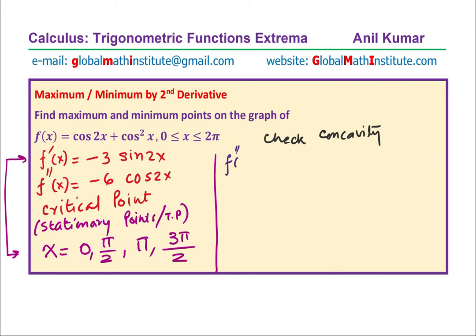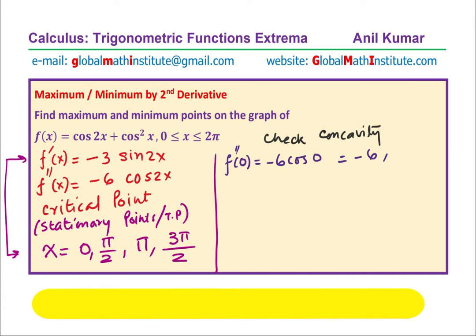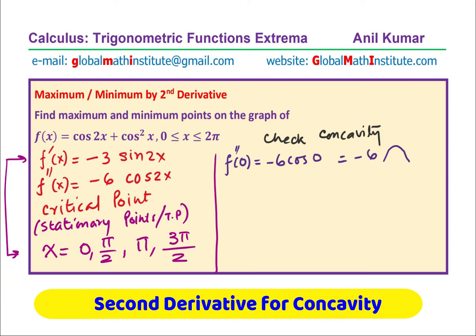The second derivative at 0 is minus 6 cos of 2 times 0, which is cos of 0. You know cos of 0 is 1, and therefore minus 6 is the value. If minus 6 is the value, then the graph is concave down and we have a maximum, correct? So at 0, we have a maximum.